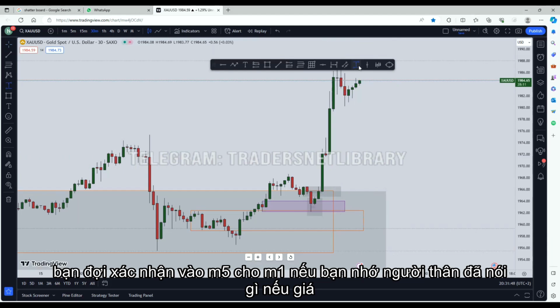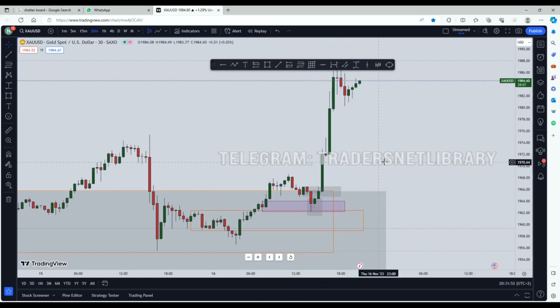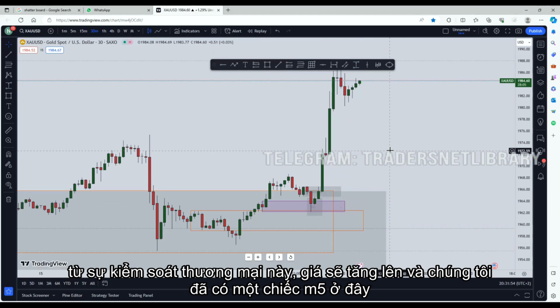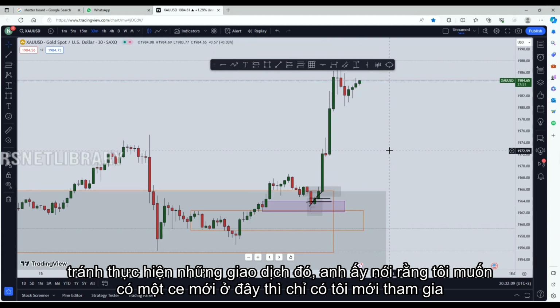If you remember what Kin said, that if price goes up from this trade control, and we already have somewhat like an M5 EF like this somewhere here, for example it went to roadblock, then if it comes back, Kin avoids taking those trades. He says that I want a new C again over here, then only I'll enter.